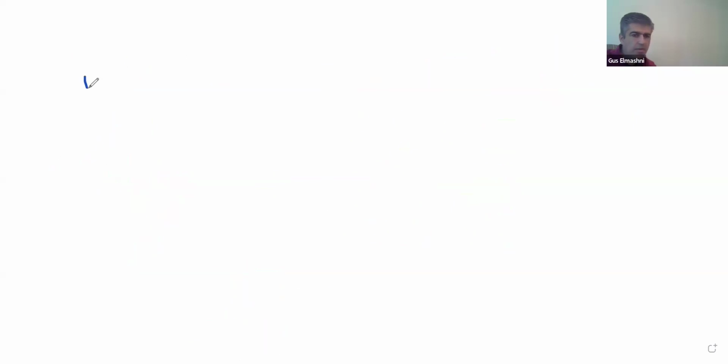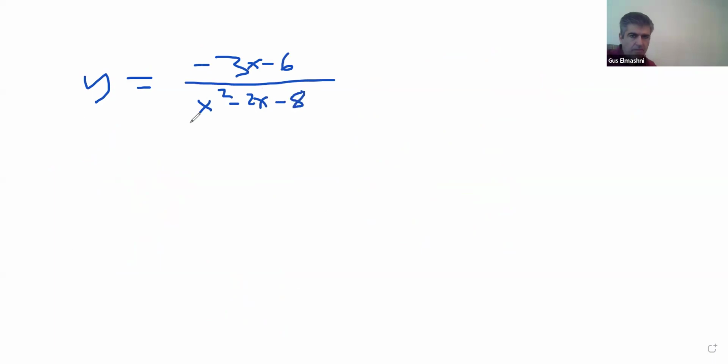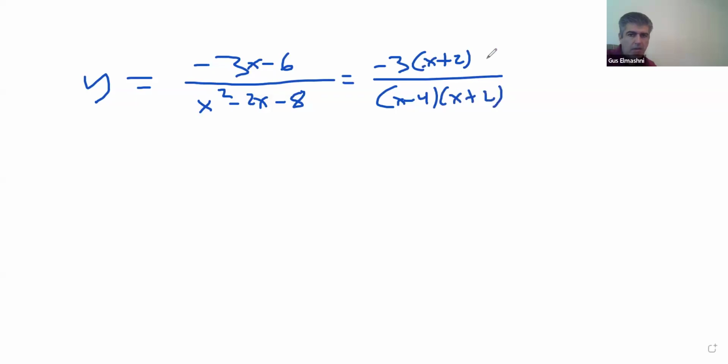Let's do the next one here. Y equals -3x -6 over x squared -2x -8. Okay, so you factor out -3 from the top and factor x -4, x plus 2. Okay, now we definitely get a hole.